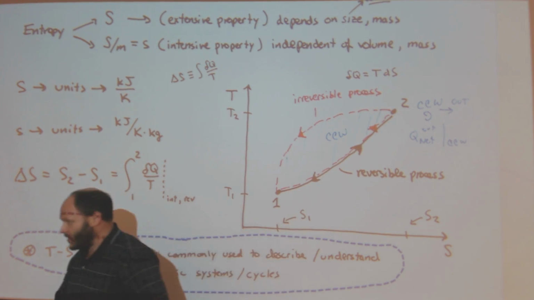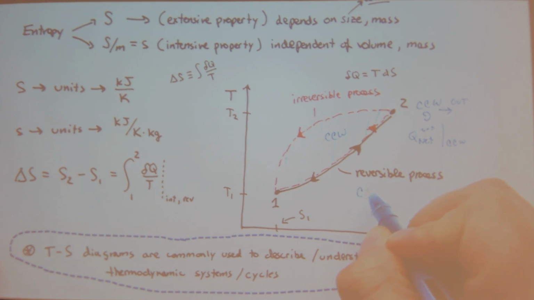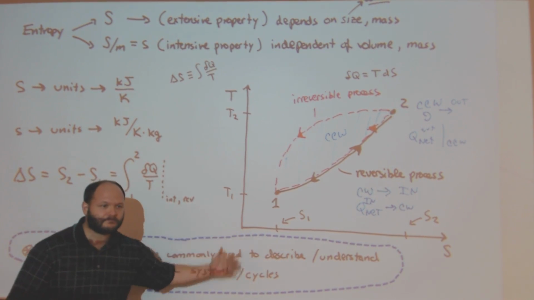So when it's clockwise, 2 letters, Q net in, clockwise. So I just did 3-letter, 2-letter type, I don't know, it's just one way to remember it, right?